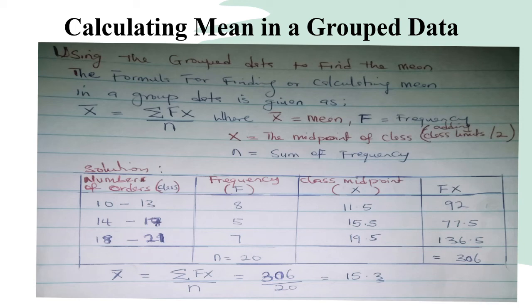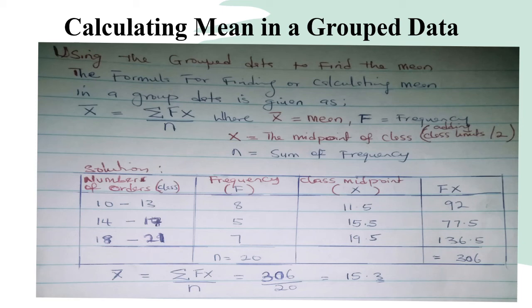Assuming I used the ungrouped data to calculate the mean, my answer would be around 14, and if my interval was 10 to 11, my answer would be closer to 14.